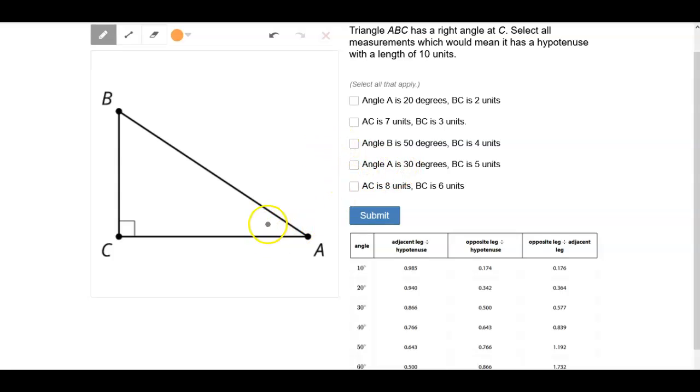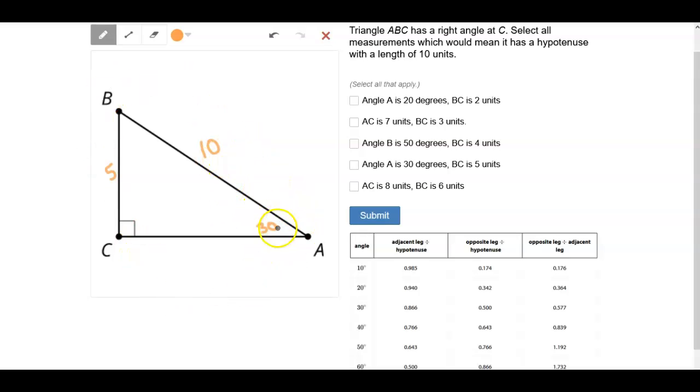All right, next one. Angle A is 30 degrees, and BC is 5 units, and we want 10 to be our hypotenuse. Now, I'm going to let you in on a little secret. We've done triangles like this before.